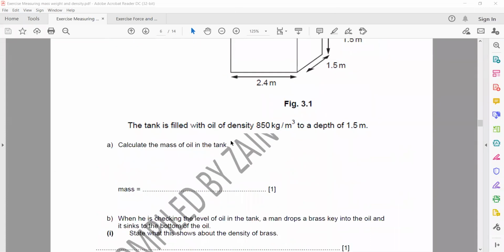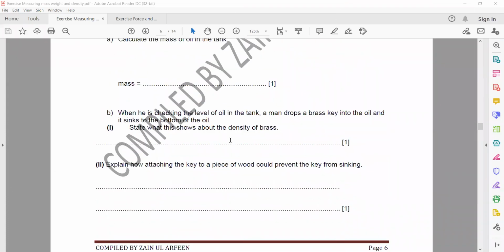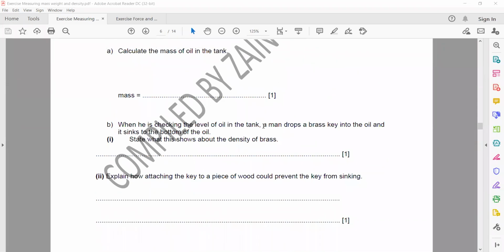In the second part, they say that when he is checking the level of the oil in the tank, a man drops a brass key into the oil and it sinks to the bottom. What can we say about the density of the brass?